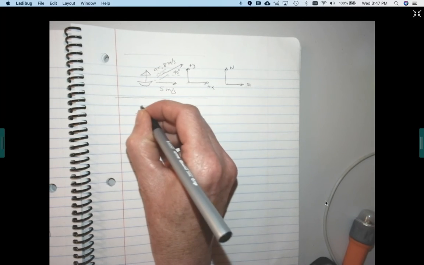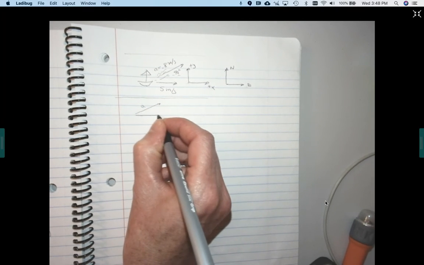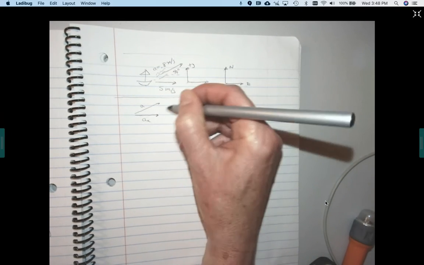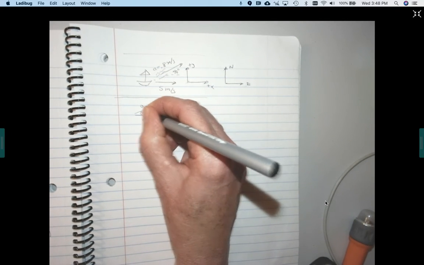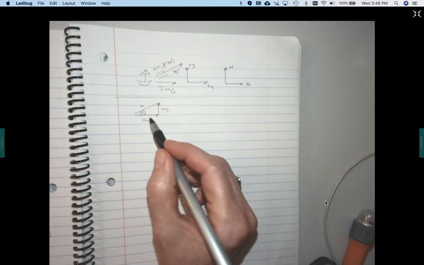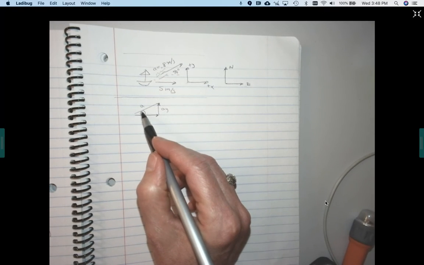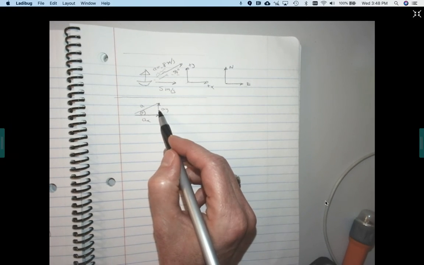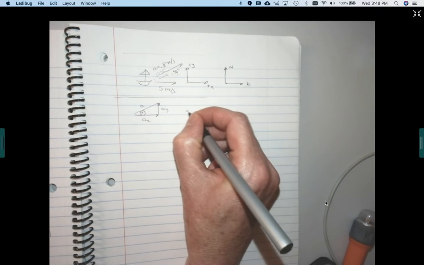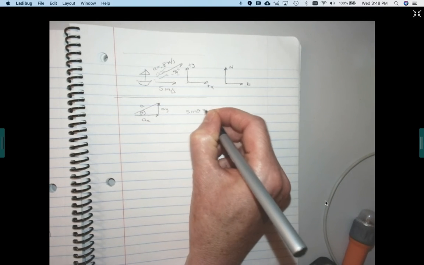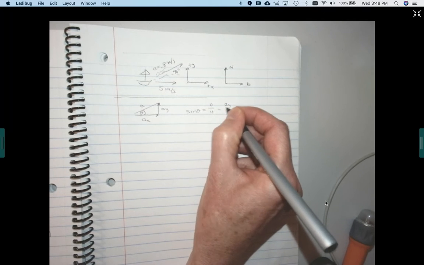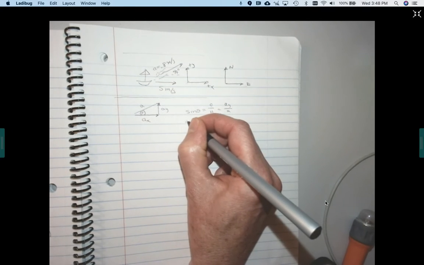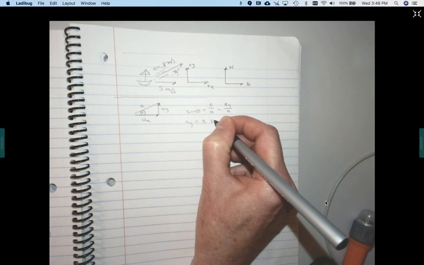So we have our acceleration vector. It looks like that. It has a component in the x direction, ax, and a component in the y direction, ay. And we know that angle theta is 40 degrees. Again, we go through our trig functions. Sine of theta is my opposite over hypotenuse, that is ay over a, so ay equals a sine theta.